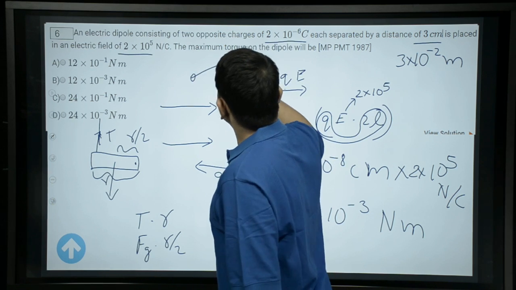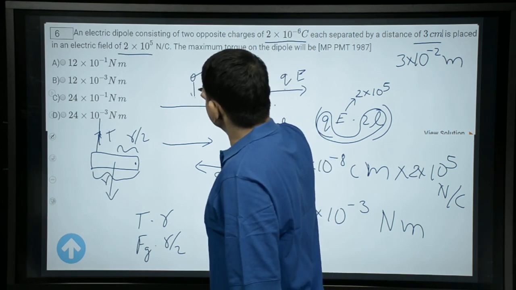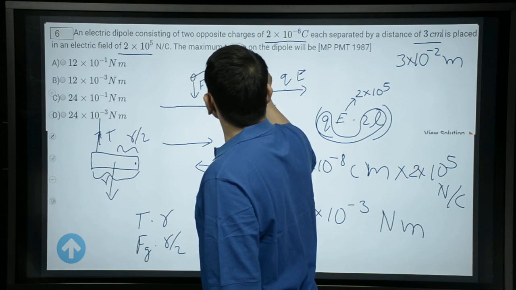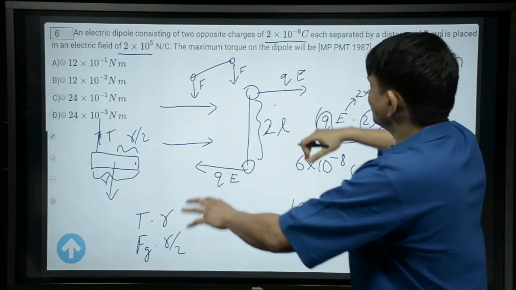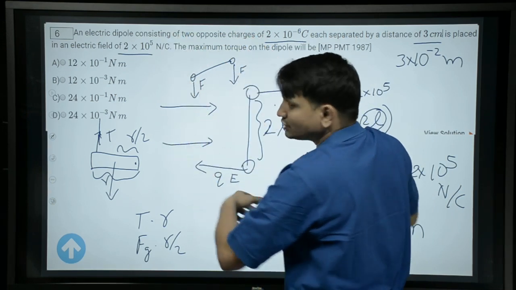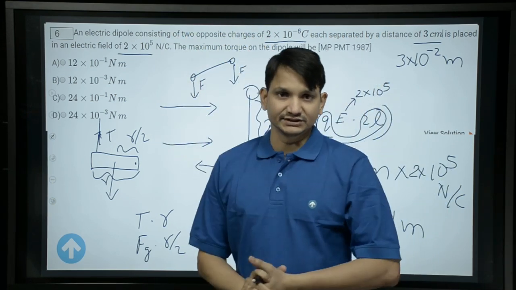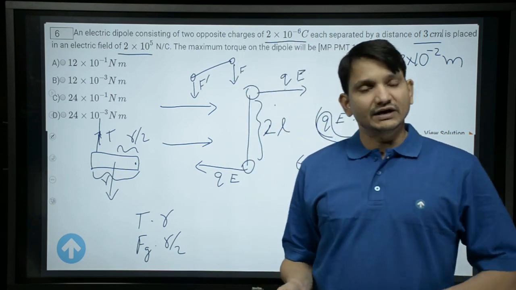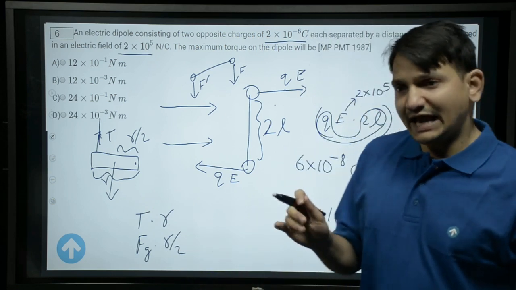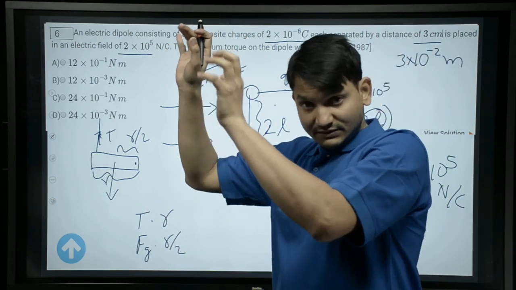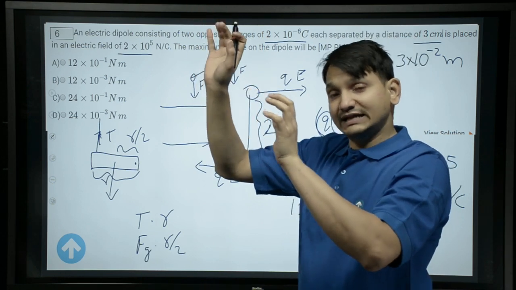If the two forces are equal, the whole mass of this dipole is getting pulled in one direction. But if one force is smaller or greater than the other, what is happening? One part is getting pulled with greater force, another with less force.